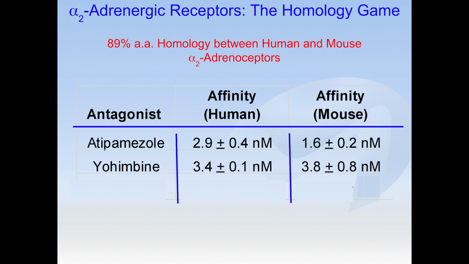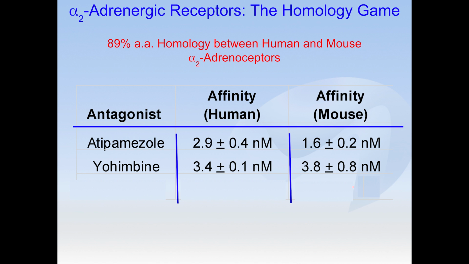So you might think, well, this might mean that the receptors are quite similar, and the effects I see in humans will be predictive of the rat. And as you see, there are two compounds here, and that sounds like it's correct. We have compounds that are basically equiactive as inhibitors of the alpha receptor in both receptor species.